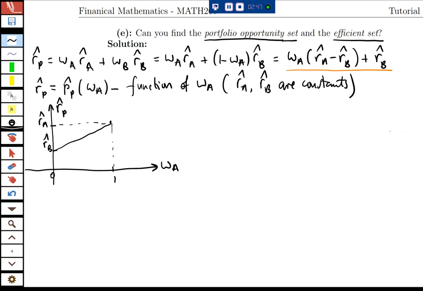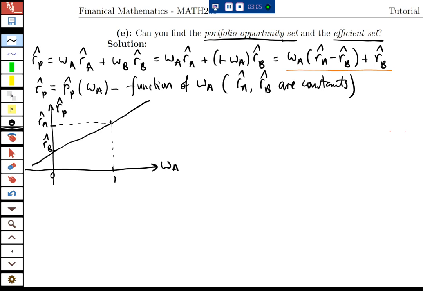And if we allow shorting, of course, this could continue in this direction and this direction indefinitely. Okay, so we have a graphical representation of the expected return on the portfolio.